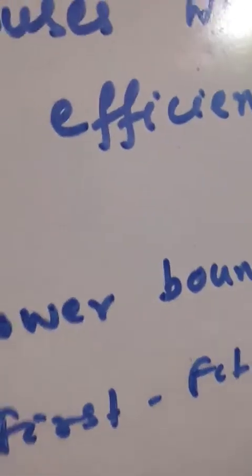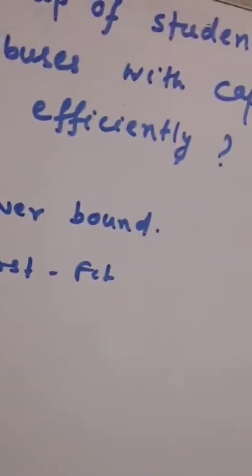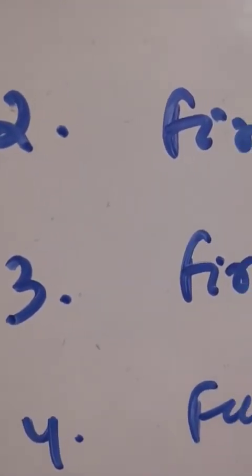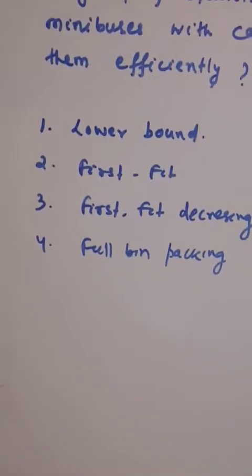The third one is first fit decreasing. And the fourth one is the full bin packing. These are the 4 things we need to remember.